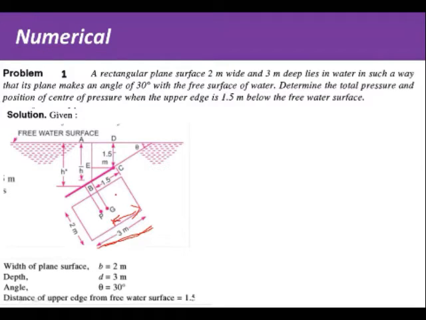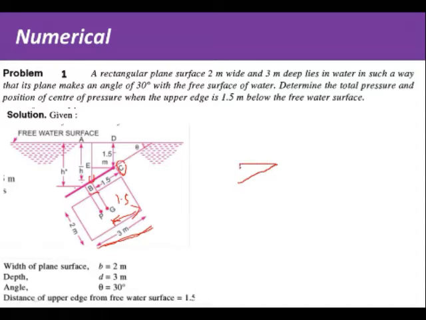Now if this width is 3 meter, we know the position of center of gravity will be at a distance of d by 2, so it will be 1.5 meter from this end C. Basically our task is to find out this location of G from liquid surface. For that you can consider this triangle.